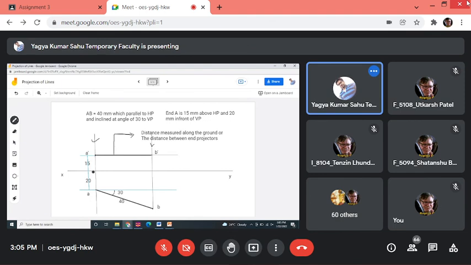Yes or no? This A dash B dash is also the distance between end projectors. Are you getting this one? Yes, sir.